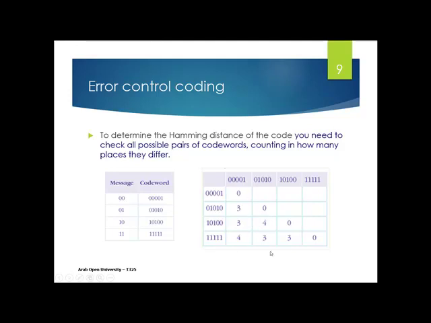After completing the lower part, I don't have to fill the whole matrix since it will be symmetric, so this value will be the same as that, and I'm just filling the lower part of the matrix. And returning to the definition of the Hamming distance, it is the minimum number of places separating any two code words. So the minimal value of these numbers is 3, which is the Hamming distance of this code.